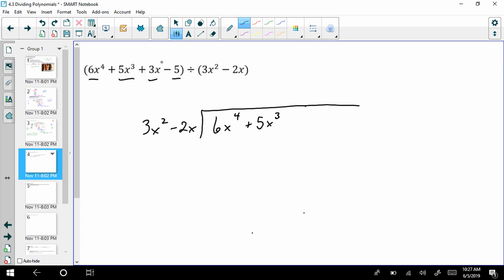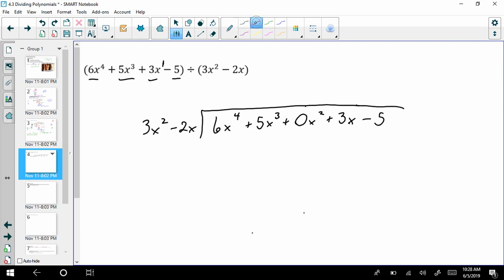They went from x cubed to x to the 1st. What I highly, highly recommend, and you'll see why this is helpful, if they skip a term, if something is missing, let's use a 0 placeholder. It is going to make the math so much easier. So I'm going to use a 0x squared, and then my 3x, and then my 5. I will show you why it's helpful to do that. You don't have to do it, but I think you might get more confused.